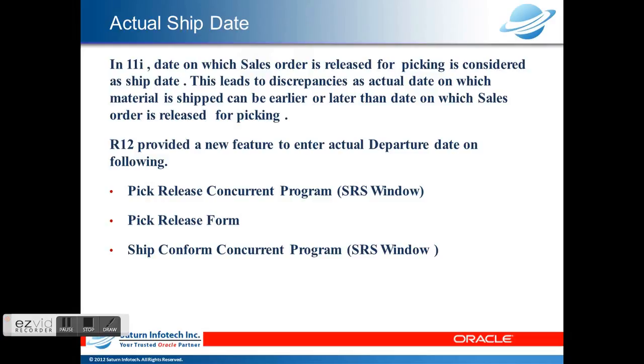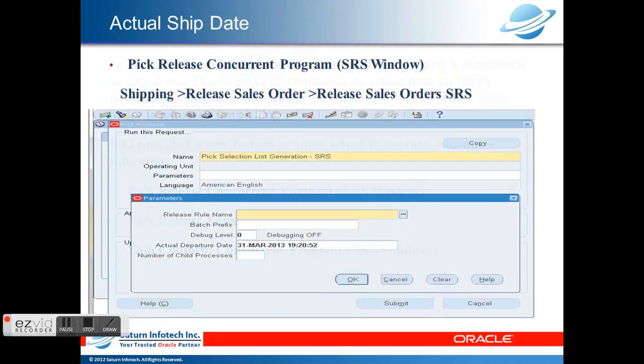So it can be a future date also. So let's see what the forms and different places are where this departure date has been provided. The first one is the pick release concurrent program, the SRS window. The pick release form is the second one. The third one is the ship confirm concurrent program, from the SRS window.